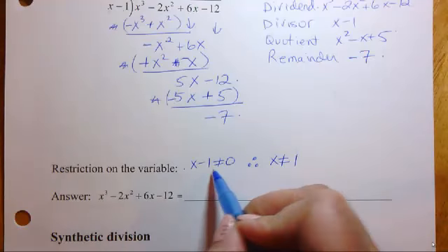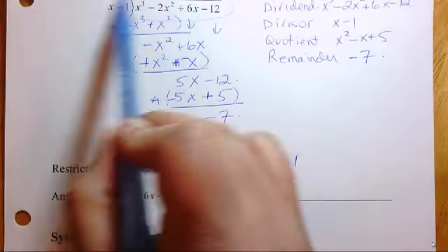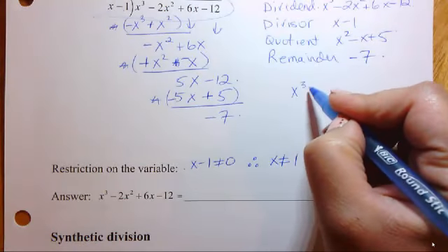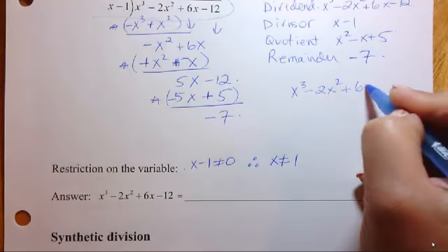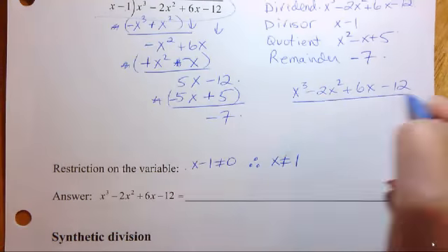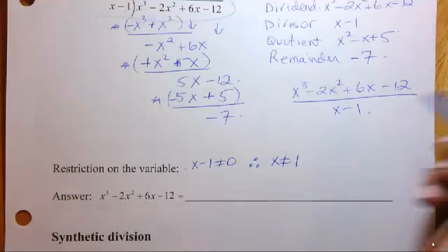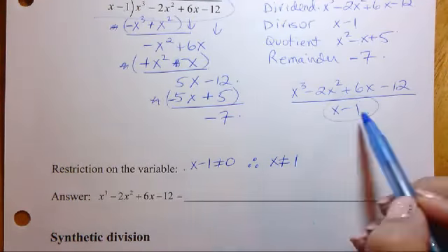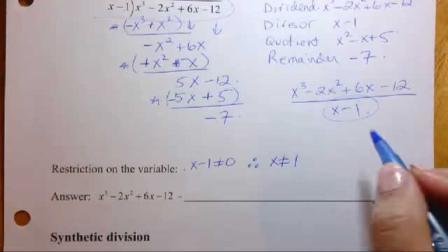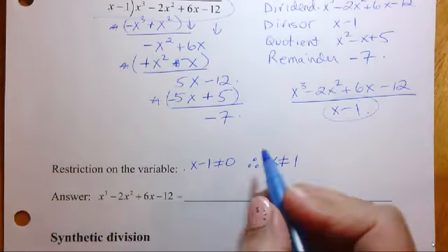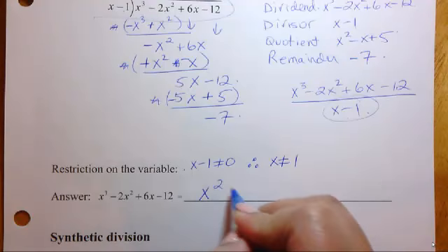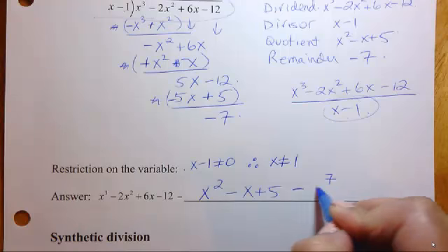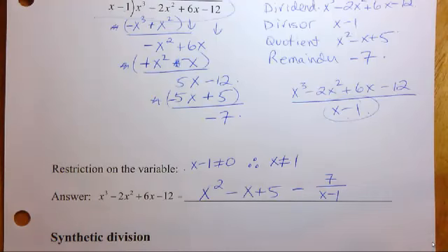The reason is that if we write this question out as x cubed minus 2x squared plus 6x minus 12 over x minus 1, we can see that this is where the restriction comes from. Our final answer is written as x squared minus x plus 5, minus 7 over x minus 1.